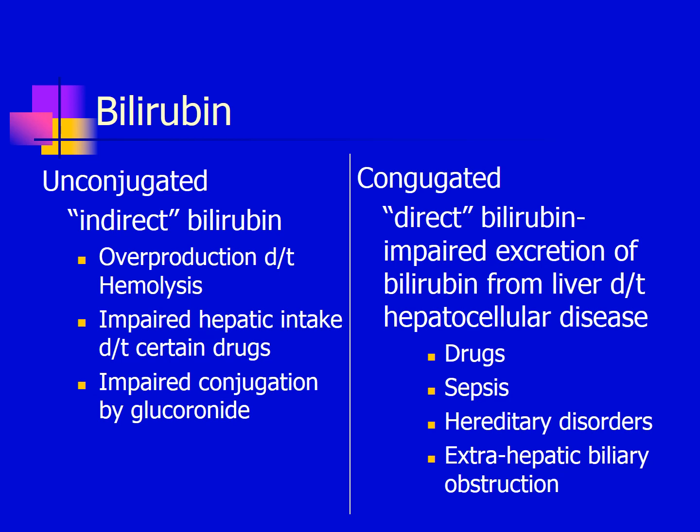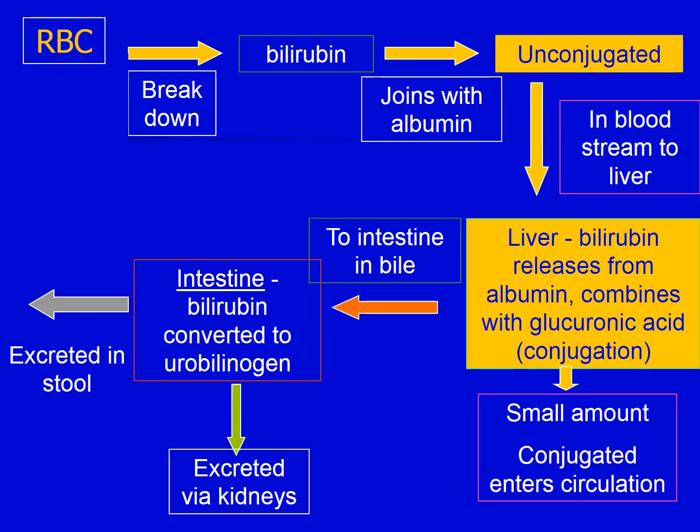Next slide. So red cells break down and bilirubin is formed. It joins with albumin, unconjugated, in the bloodstream to the liver. In the liver, bilirubin releases from the albumin and combines to conjugate in small amounts.